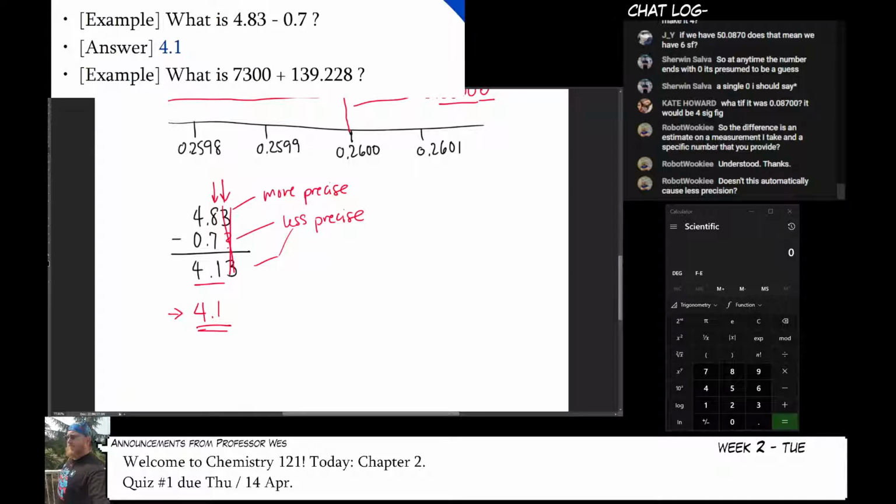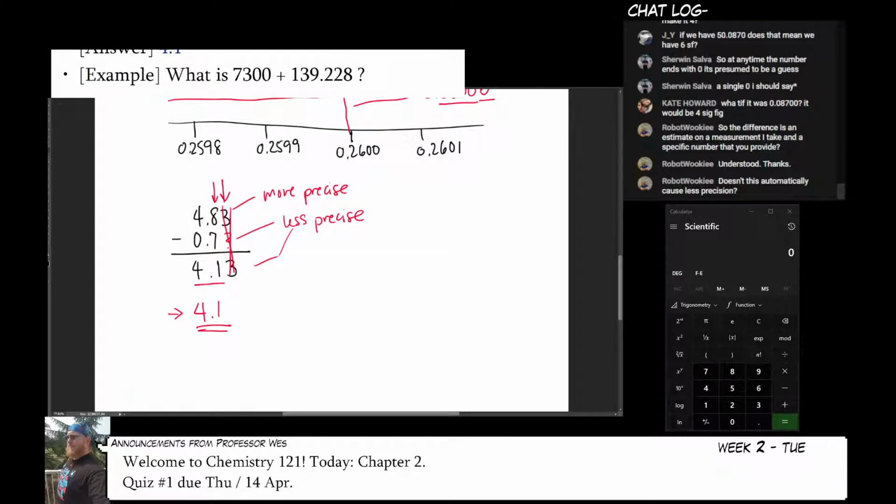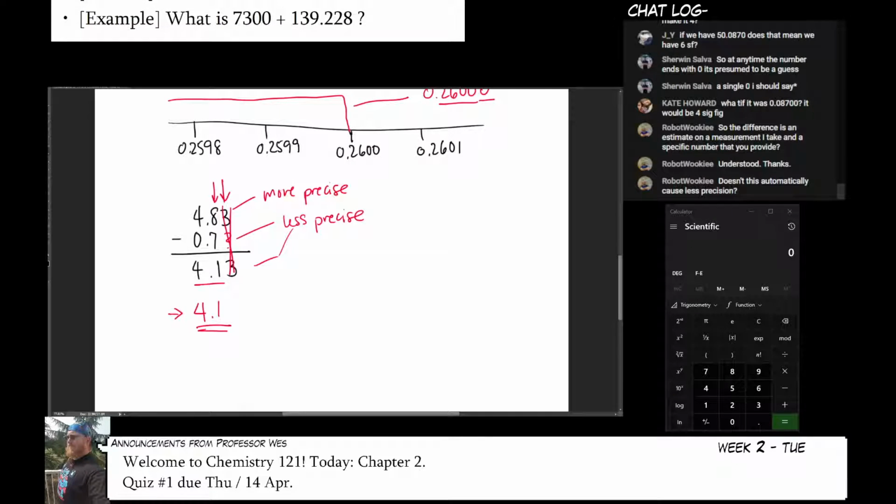All right, let's do another one. So for this problem, I'm going to write down the numbers. I'm going to line up the decimal points.